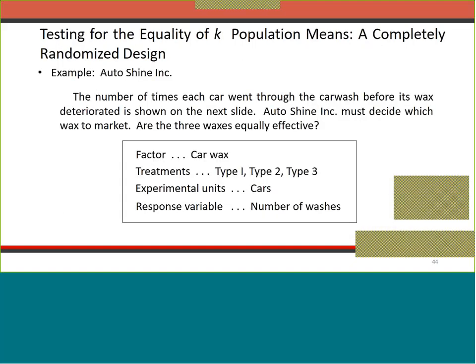We assigned type 1, type 2 and type 3 carbon wax to cars. That's assigning treatments to experimental units randomly. So that's what we are using, a completely randomized design, where we assign treatments to experimental units randomly.